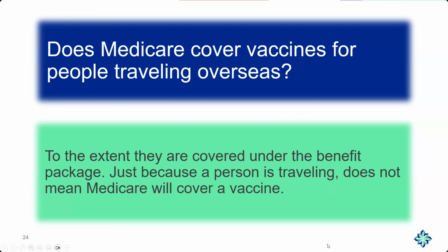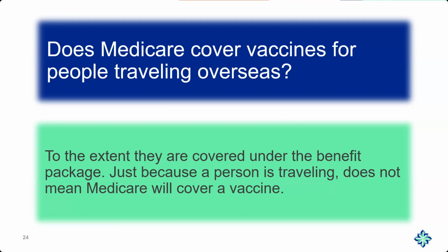Does Medicare cover vaccines for people traveling overseas? The answer to this one is, to the extent that they're covered under the benefit package. So if they're covered because it's the season and you're getting a COVID shot, a flu shot, or a pneumonia shot, sure, we would cover that. If you're getting a tetanus shot in advance because you might go over and get tetanus somewhere, but we're like, wait, you had one.